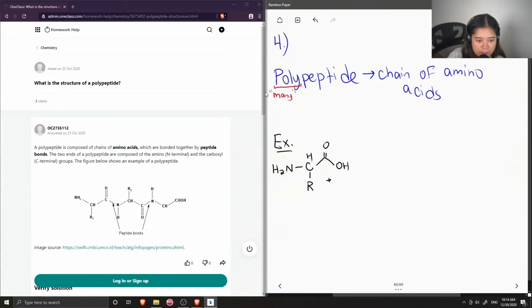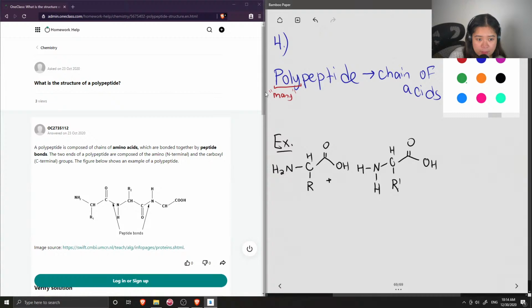So this reacts with a different amino acid, or it could be the same, but again, it will also contain an amine group. It will contain a different R group, so I'll name it R prime. And it still contains a carboxylic acid.